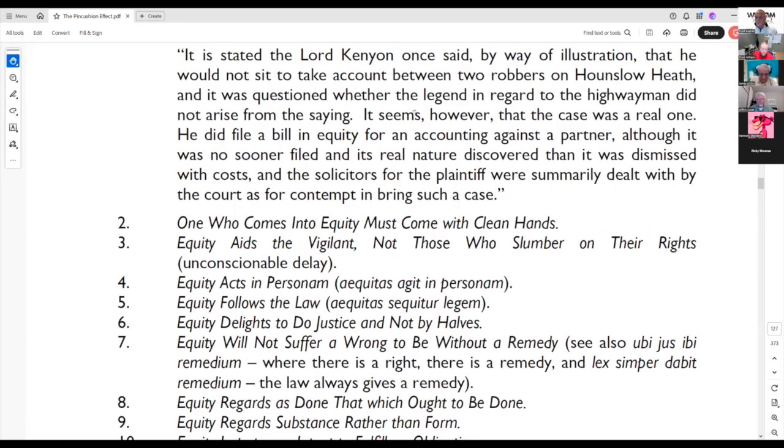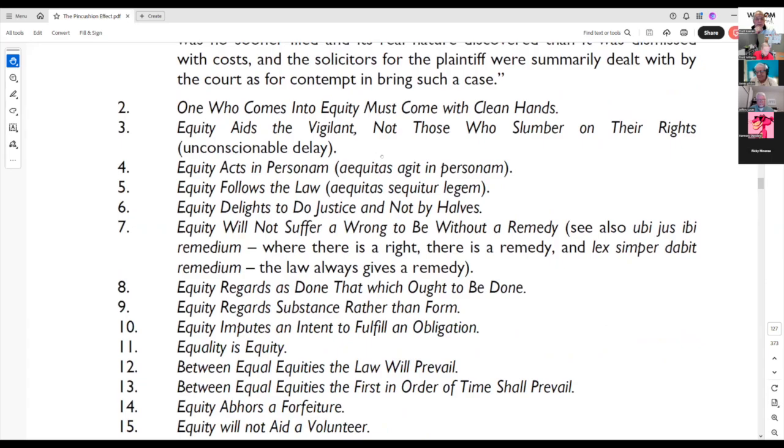One who comes into equity must come with clean hands. Equity aids the vigilant, not those who slumber on their rights. Unconscionable delay. Equity acts in personam. Equity follows the law. Equity delights to do justice and not by halves.